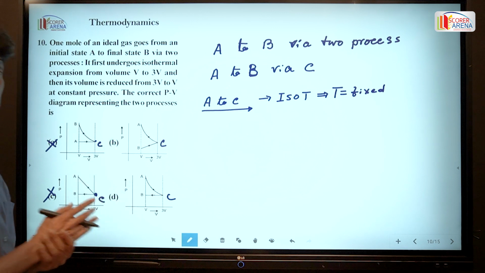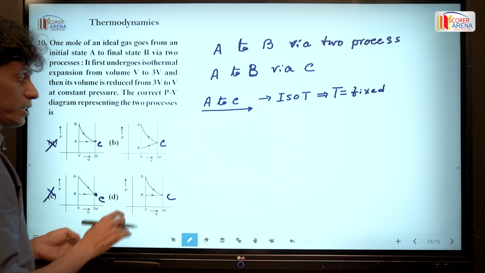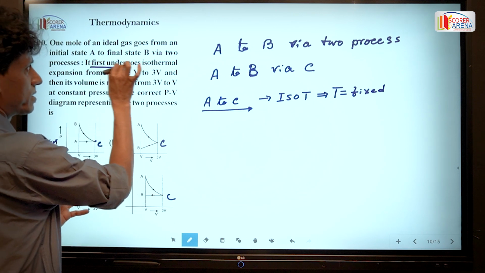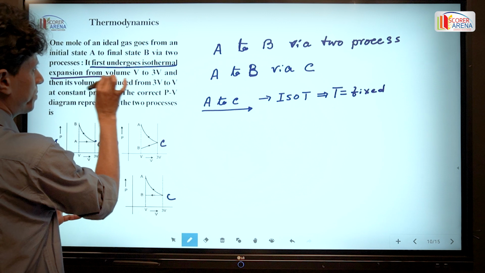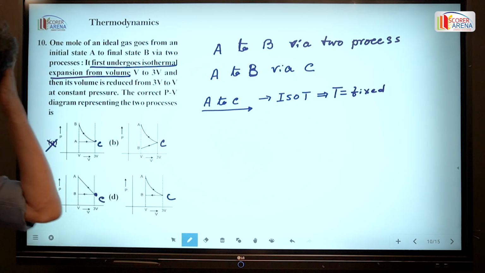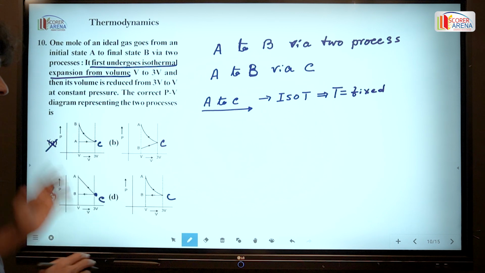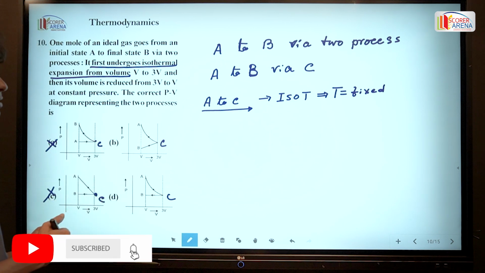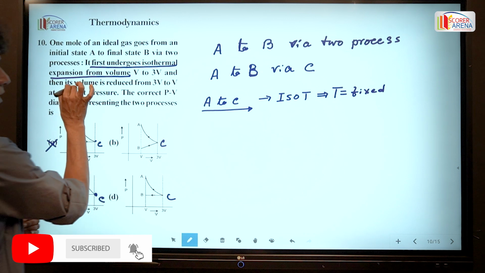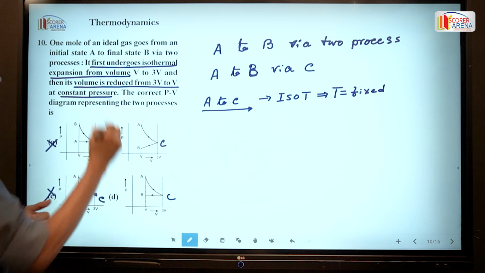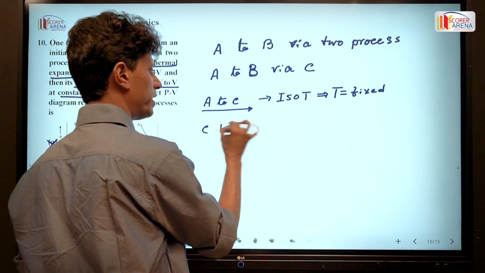So by checking just one process, the isothermal expansion, options A and C have already been discarded. Now in options B and D, A to C is hyperbolic in both. So now you have to go to the second process: its volume is reduced from 3V to V at constant pressure, that is C to B.